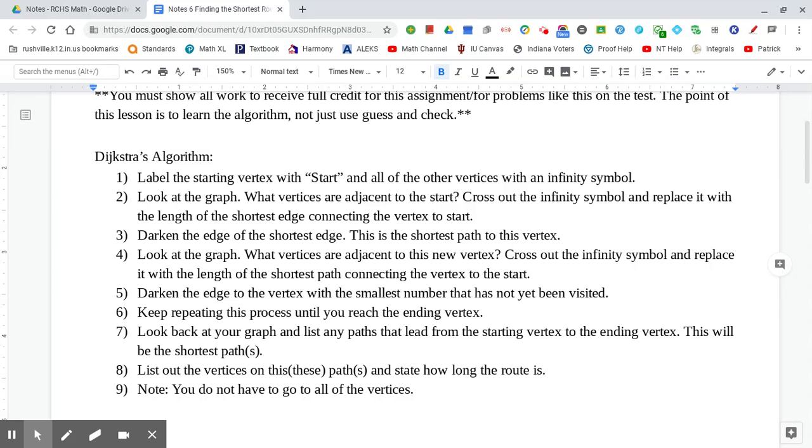So that means that we are going to start and end on different vertices. We're also not necessarily going to use every edge, because think about all the roads that exist from Rushville to Indianapolis. You're not going to drive on all of those. And we're also not necessarily going to use every vertex, because there are several cities to go through from Rushville to Indianapolis.